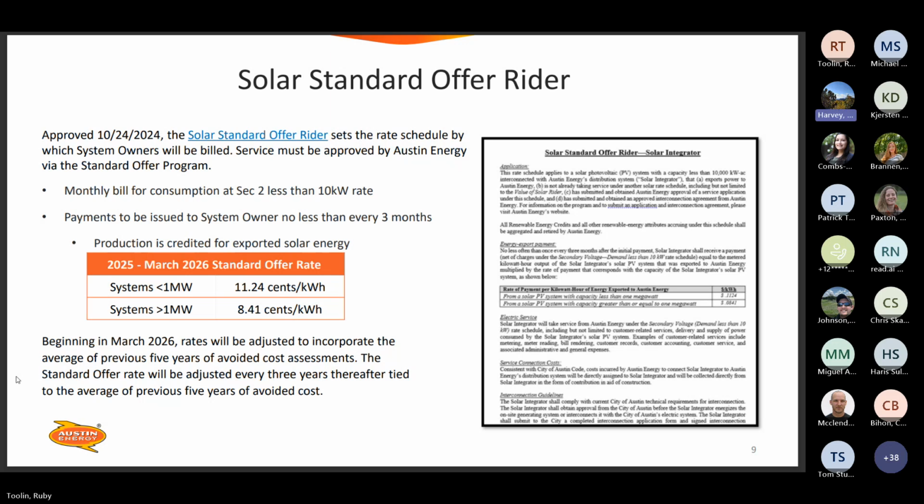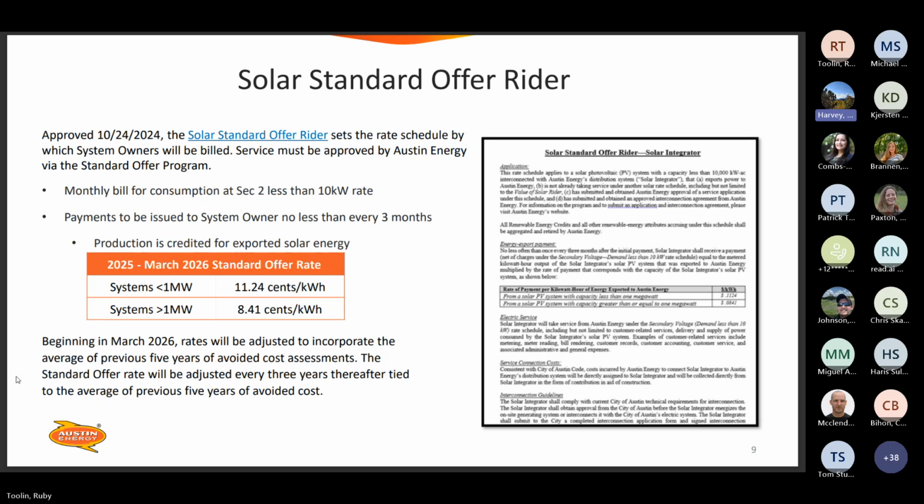So beginning in March of 2026, the rates will be adjusted to incorporate the average of the previous 5 years of avoided cost assessments. The standard offer rate will be adjusted every 3 years thereafter, tied to the average of the previous 5 years of avoided costs. So this rate currently reflects the previous 3 years of avoided costs.